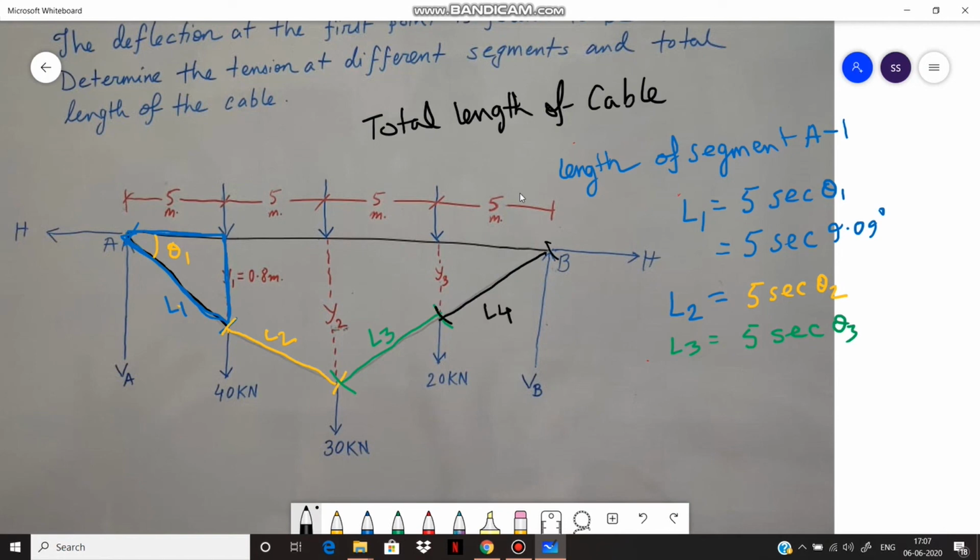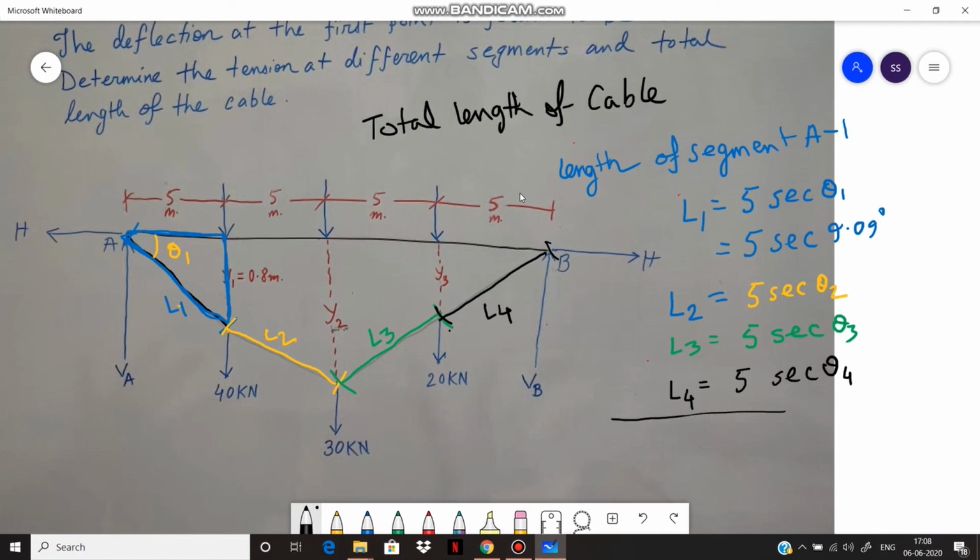That is the length of segment 3B. So applying the concept of trigonometry and triangle, we get 5 sec θ4.